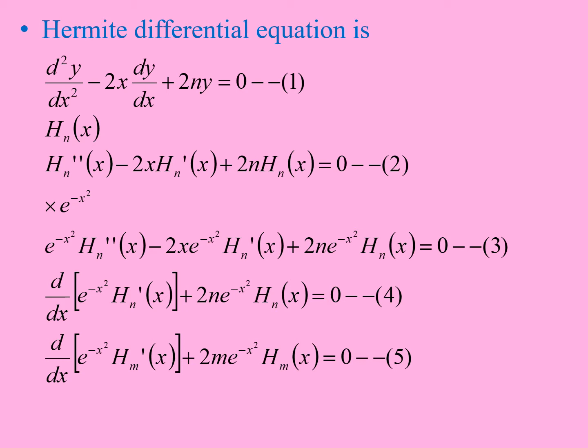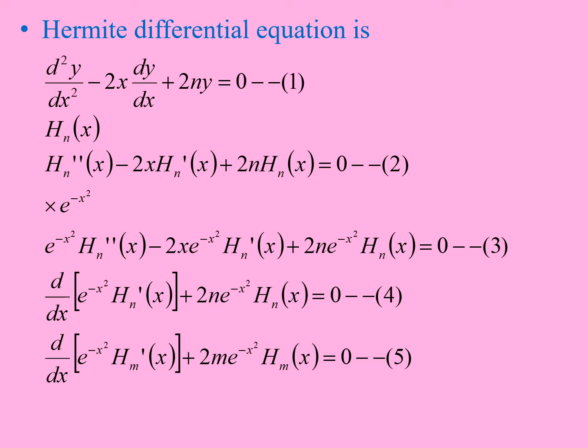So it is e power minus x squared Hn double prime of x minus 2x e power minus x squared Hn prime of x plus 2n e power minus x squared Hn of x is equal to 0. Now these first two terms can be written as d by dx of e power minus x squared Hn prime of x. If you differentiate this, we can get the first two terms.